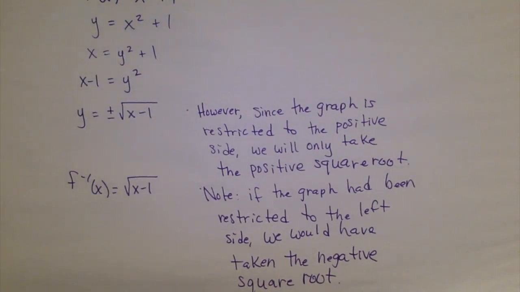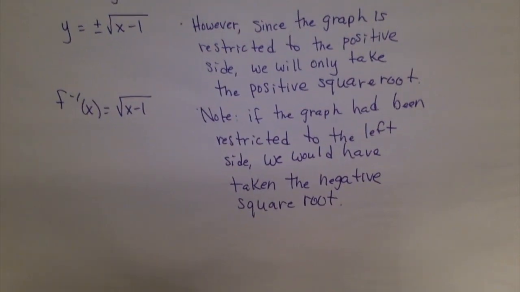Okay, so if the original problem had said x is less than or equal to 0, then our inverse would have been the negative square root of x minus 1. Okay, hopefully that will make sense.